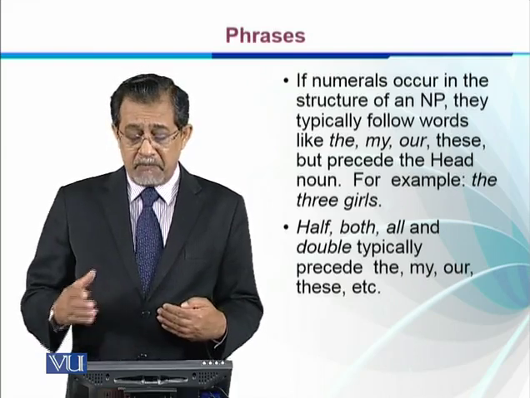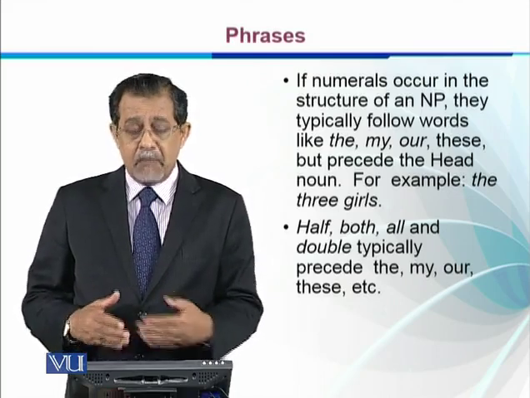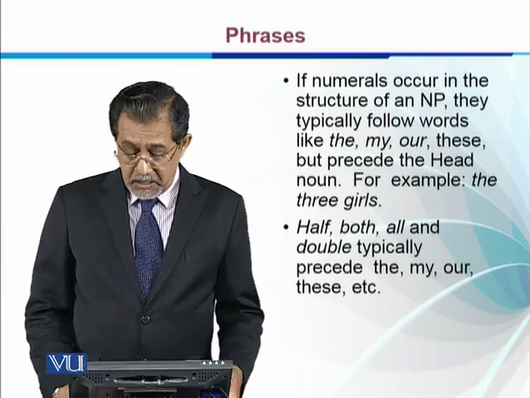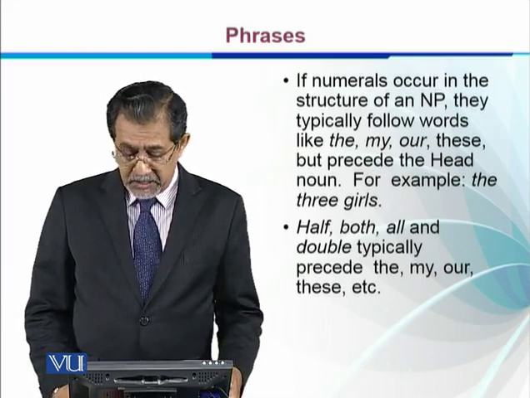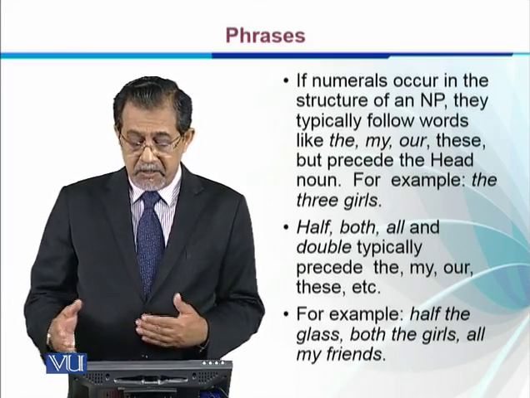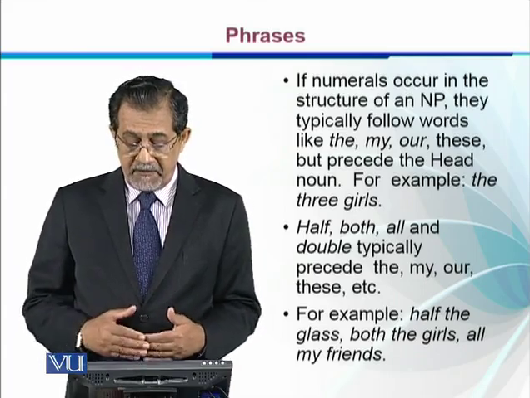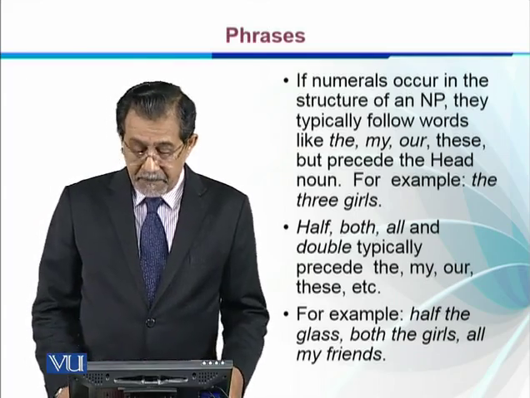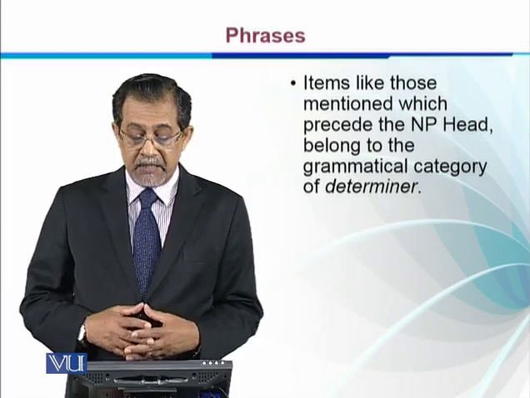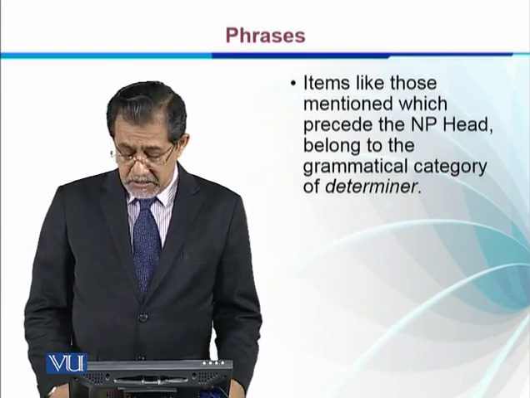So both comes before my, right? Similarly, all my friends. So they precede these words. Half the glass, so half precedes the, both the girls, both precedes the, all my friends, all precedes my, right? Items like those mentioned which precede the noun phrase head belong to the grammatical category of determiner, right?